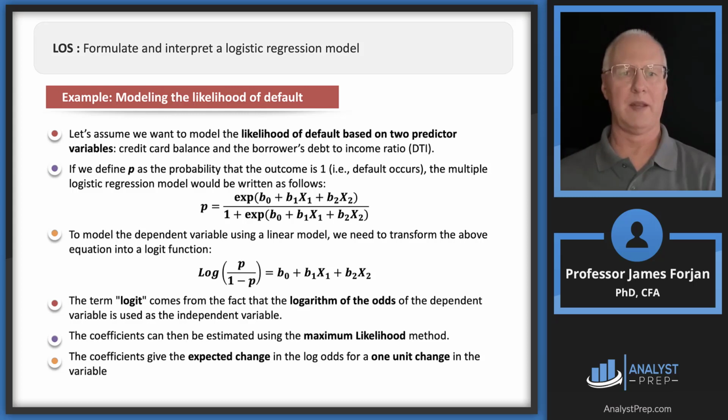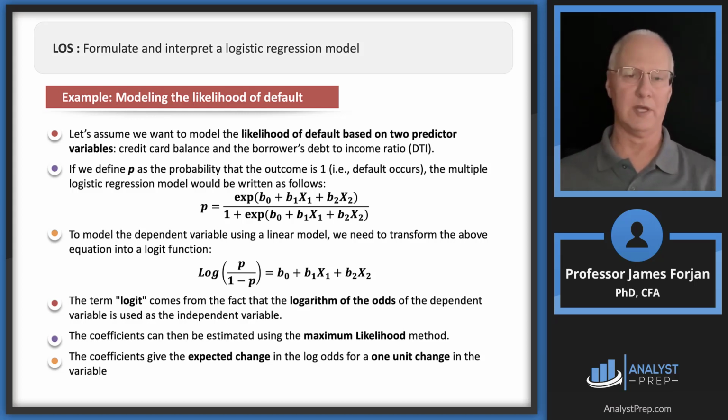Well, look at that third embedded point there. To model the dependent variable using a linear model, we need to transform the above equation into a logit function. And so that's what we're going to do. We're going to take that probability, that p there, divide it by 1 minus p, and then take the log. So the Institute is probably not going to ask you to do all that. But it's important to know that the left-hand side, the dependent variable, is not a 0 or a 1. It's that thing right there.